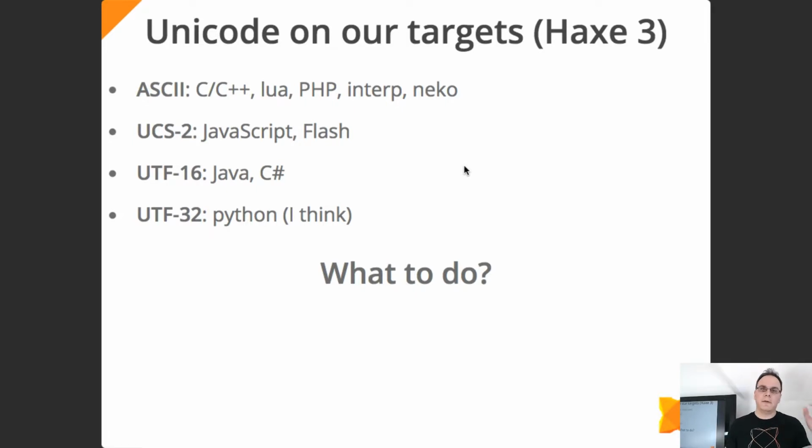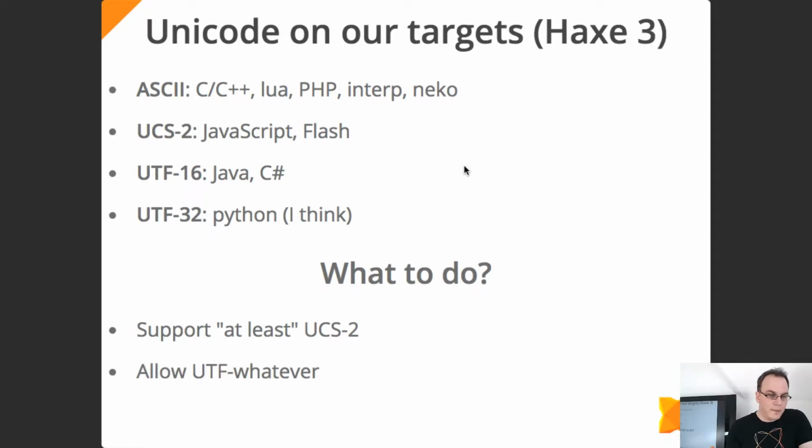So what do we do with this? How do we get some notion of a unified Unicode representation? And I think Nicolas made the only sensible choice here, and that is to say we support at least UCS2. We don't say you have to use UCS2, you have to use UTF-8 or whatever. We just say support at least UCS2.